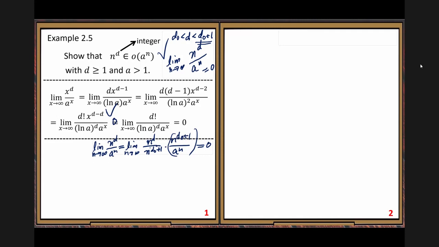So the denominator increases faster than the numerator, and the limit of the first fraction goes to 0. The limit of the second fraction we proved the first time. So the whole thing is 0 times 0, which is 0. So even if d is not an integer, we can prove it.